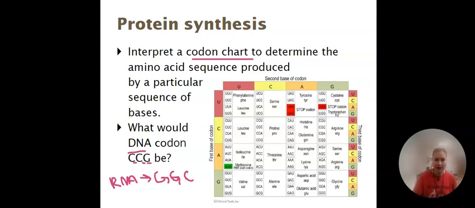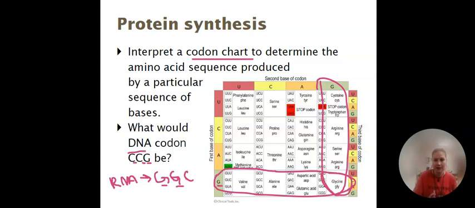Now that I have my RNA, that I have done transcription, I can now do translation. So I'm going to use my codon chart here. Right, my first base is a G, so I know I'm going to be in this row. Okay, so G. My second base is another G. So now I know I'm going to be in this column. Okay, so I see where it overlaps down here.